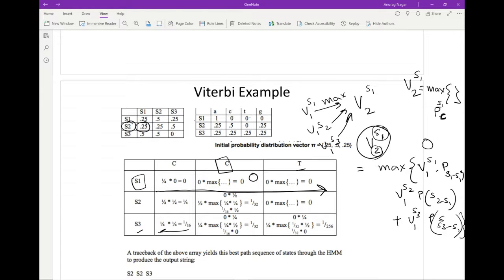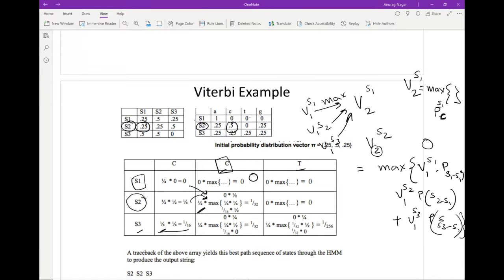Now let's look at Viterbi time 2 state 2. This will be max of this or this jump multiplied by S2 state 2 and outputting C. State 2 outputting C is 50%, so that's why you have 50% at the start here. Now there is a jump from here to here, which is 0 obviously.